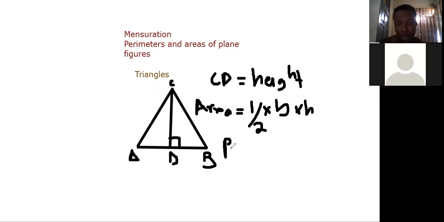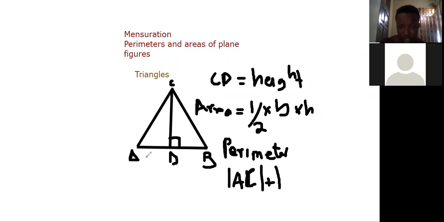So the perimeter will be given by the distance of AC plus AB plus CB.